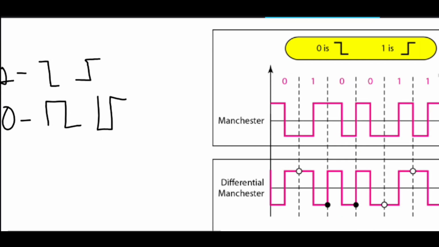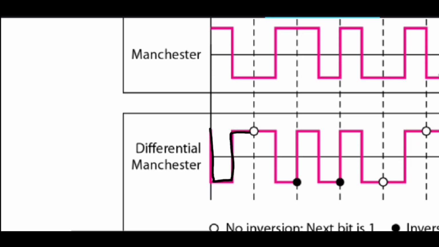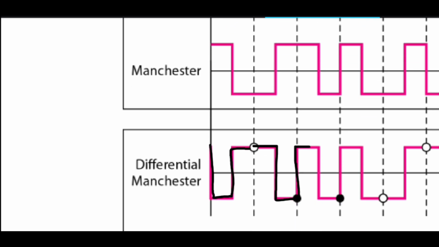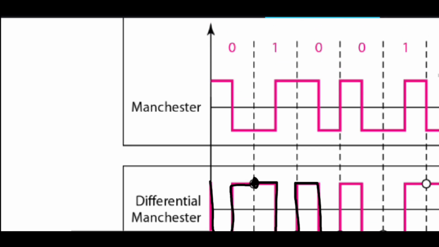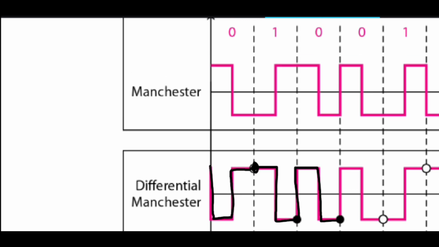Let's check. Here is a 0 and we are drawing this, then it's a 1, and it's again a 0. We will continue from that point. Here the bit of 0 ended, and we are just continuing from that point for 1, okay.